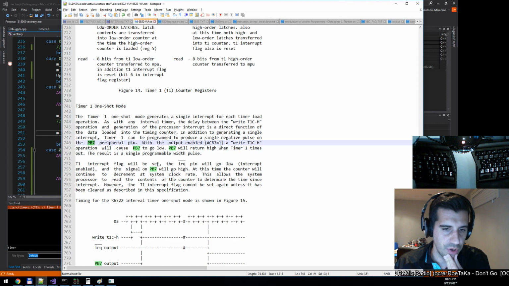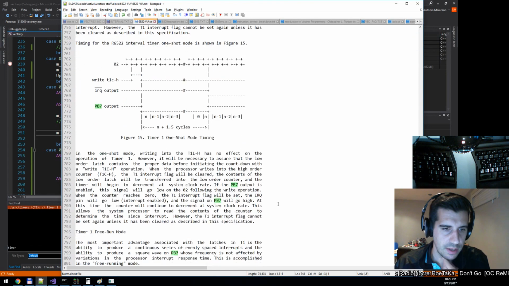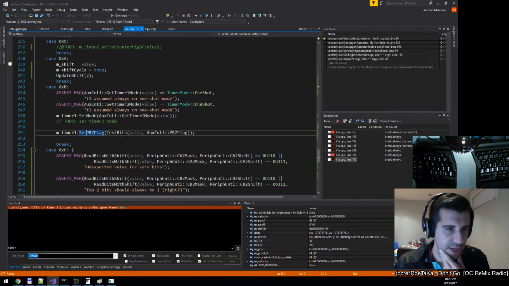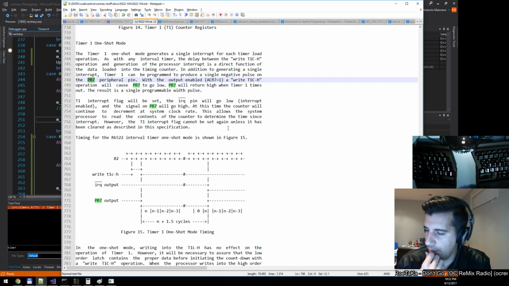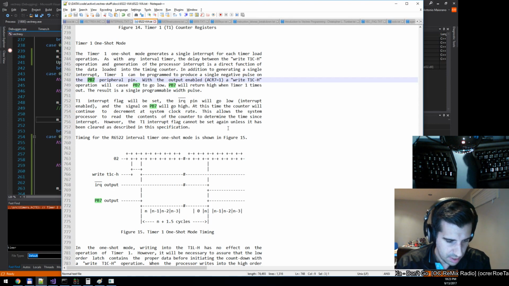The IRQ pin will go low, and the signal on PP7 will go high. Yeah, I think I'm not doing this part right. And this is probably the reason why it's not working as expected. My guess is PB7, which is connected to the ramp, is not in the right state.